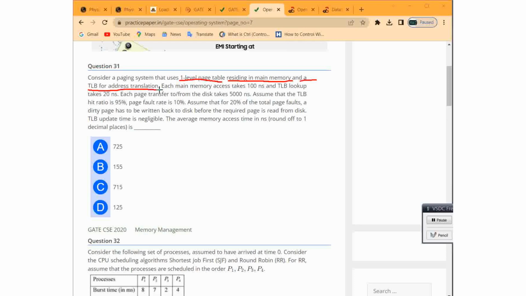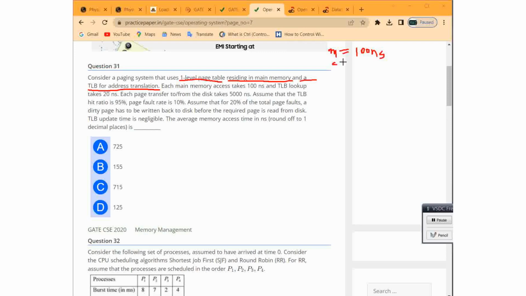Each main memory access takes 100 nanoseconds, so we can say small m, memory access, is equal to 100 nanoseconds. And TLB lookup takes 20 nanoseconds.